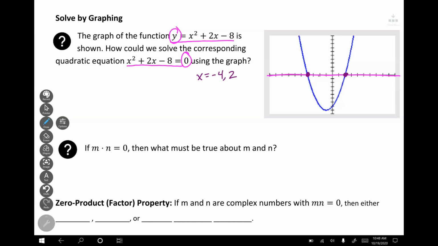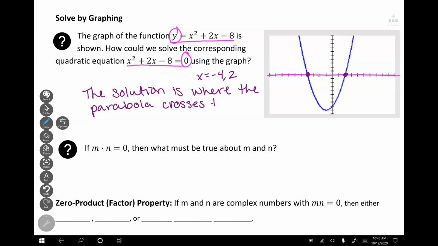We can call these zeros on the graph. So zeros, and that's just where y equals 0.